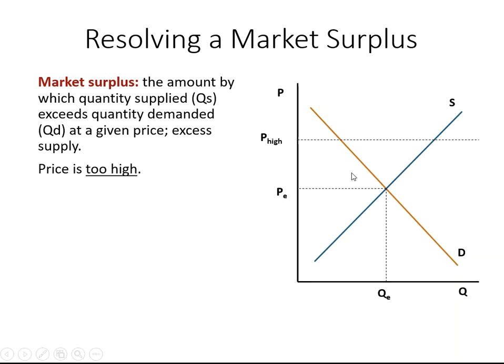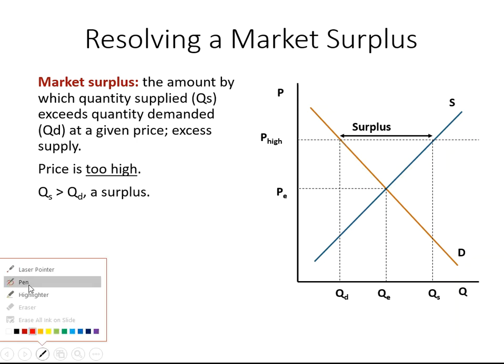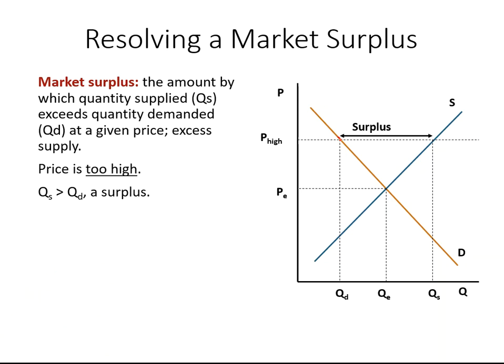At that point, what we see is that we have a surplus. How do I know it's a surplus? The intersection between P high and our demand curve is this dot. Corresponding to this dot, the value on the horizontal axis is QD. That is how much is demanded by the consumers if the price is P high.